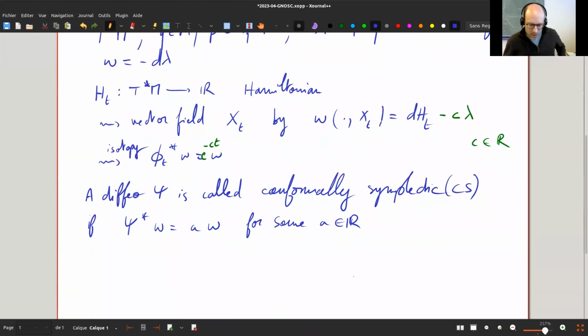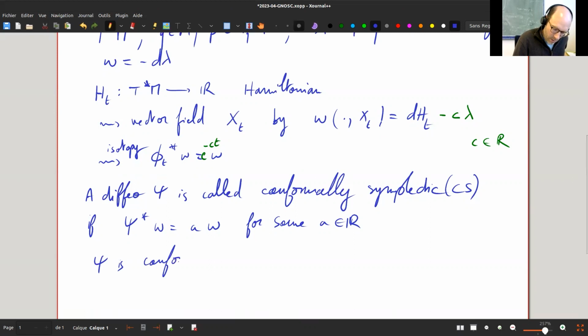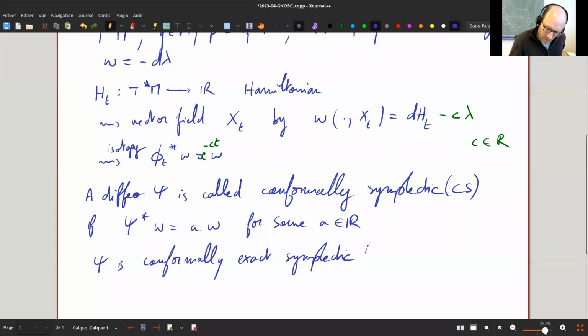And now I will impose another slight restriction. I will say that psi is conformally exact symplectic, which I will write CES.